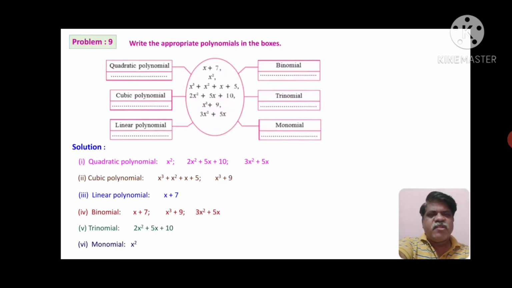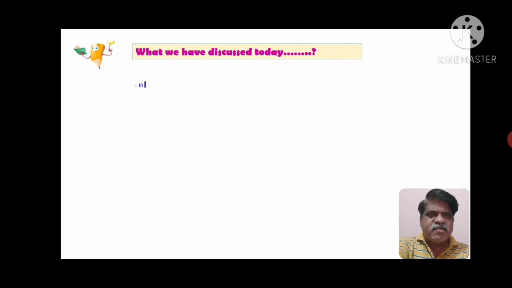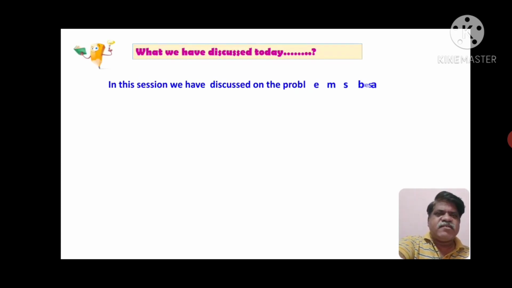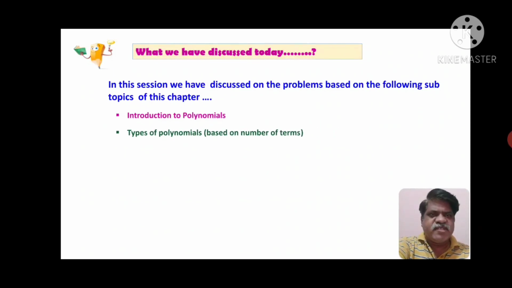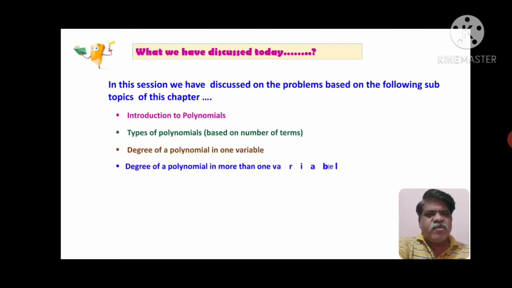I think you understood all the problems. Practice, see the videos again and again, you will easily understand this. So friends, what we have discussed today in this session are the following subtopics: introduction to polynomials that we have already learned, the types of polynomials based on the number of terms, then degree of polynomials in one variable, degree of polynomials in more than one variable, that is multivariable, and types of polynomials based on the degree.